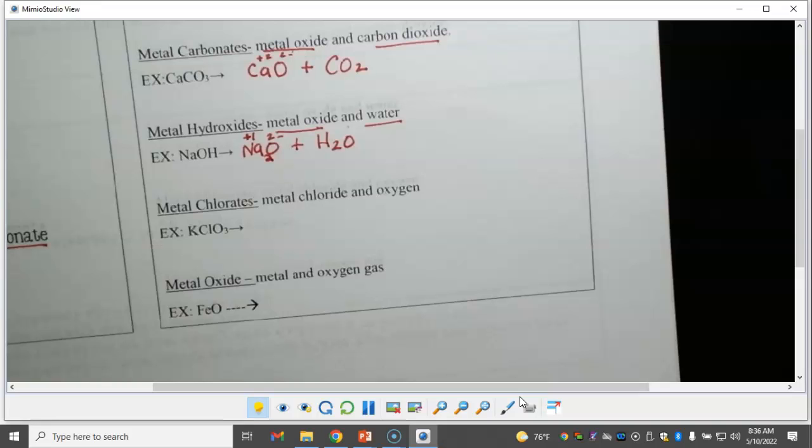Metal chlorates. So a metal chlorate, okay, is going to break into a metal chloride and oxygen gas. So I take the metal from my reactant and I'm going to pair it up with chlorine. So a metal chloride is KCl.